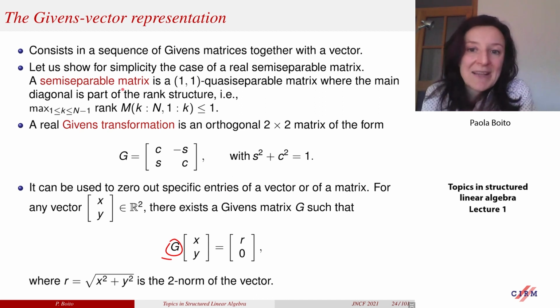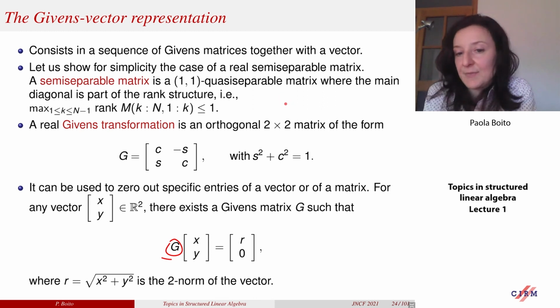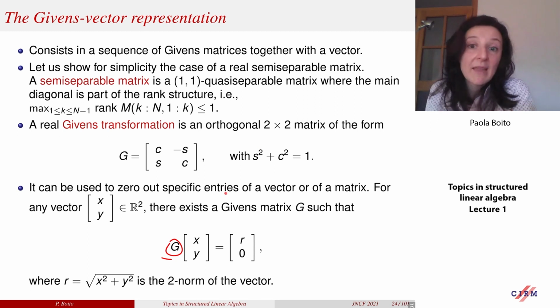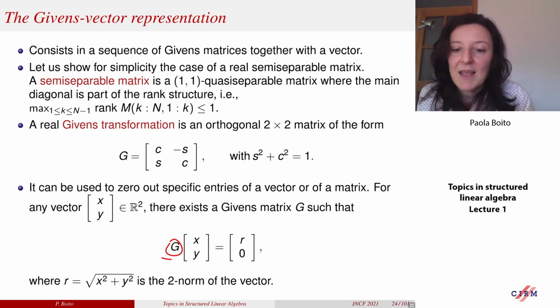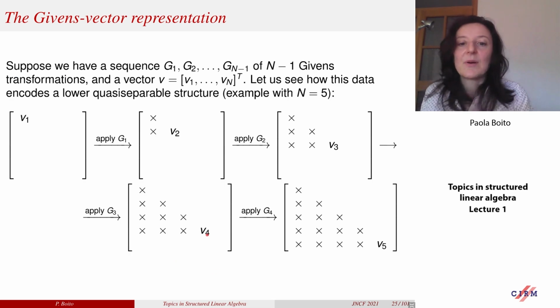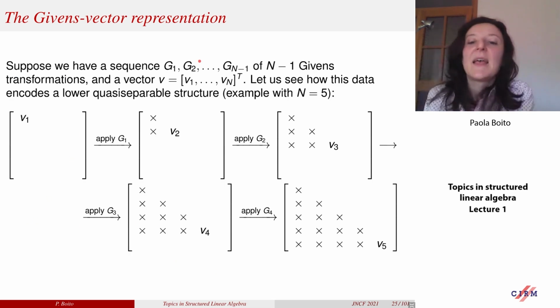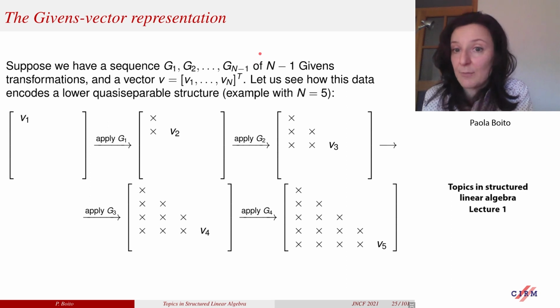So let's take a quick look at how this representation works for a semi-separable matrix, meaning a 1-1 quasi-separable matrix with the main diagonal as part of the rank structure. Okay, so the unitary matrix we had before was an example of this. The way this works is like this. The representation is made up of a sequence of n-1 Givens transformations and a vector.